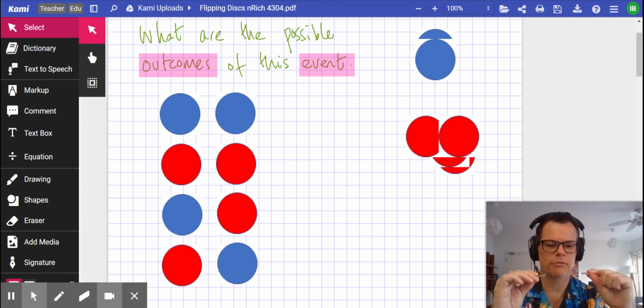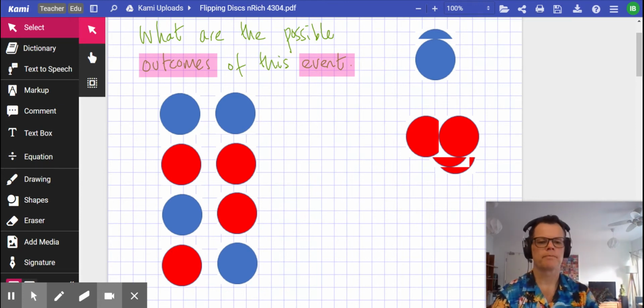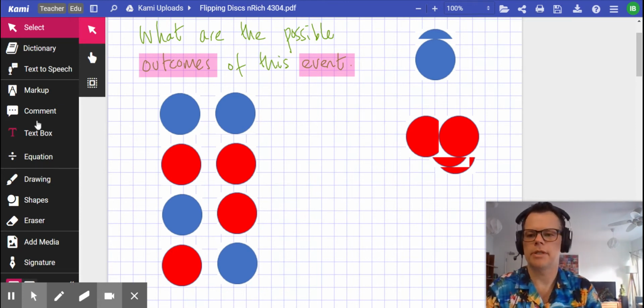This coin has changed its outcome and this coin has changed its outcome. Although it's still one red, one blue, it's a different one that's red and a different one that's blue, or a different one that's a 2 and a different one that's a Bohemia flower. So in total, there are 4 different outcomes to this event.